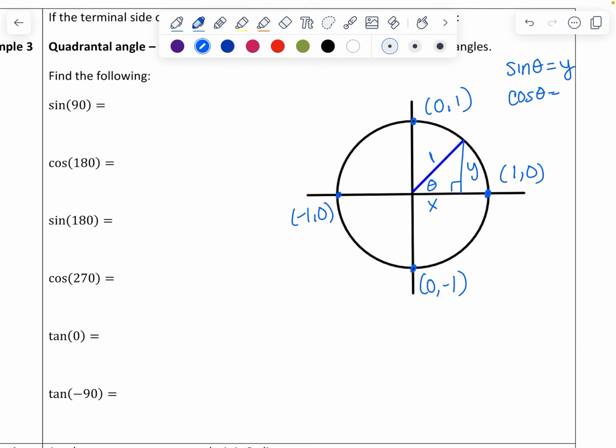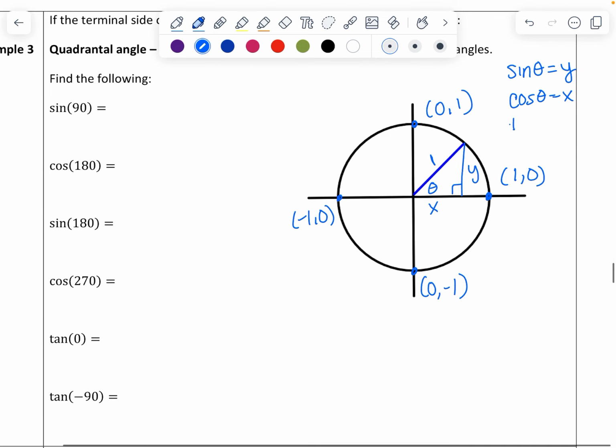So cosine corresponds to our x because it's x over 1. And then tangent of our angle would be opposite over adjacent, or y over x. Our angle measurement at the positive x-axis is 0. This would be 90, 180, 270, and then back to 360.